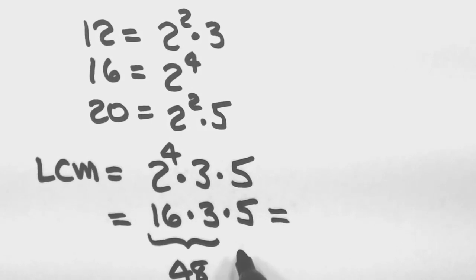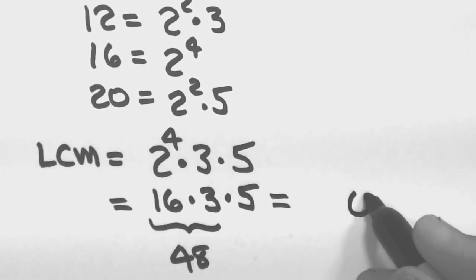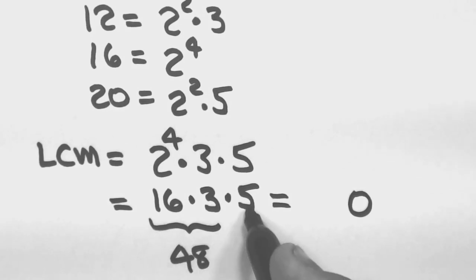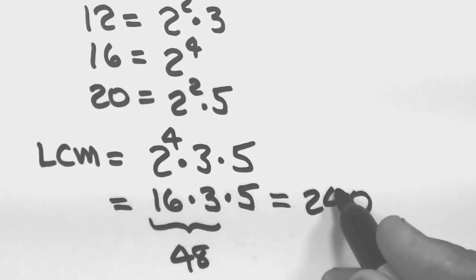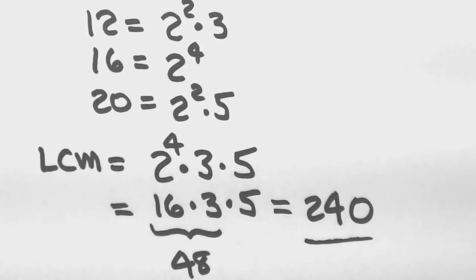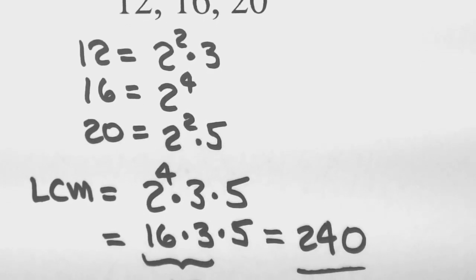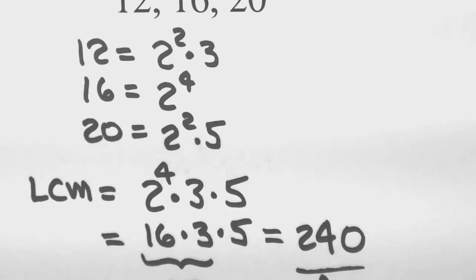So we have to take 48 times 5. Well, 5 times 8 is 40. Carry the 4. 4 times 5 is 20, and 4 makes 24. So here we go. What is the LCM for 12, 16, and 20? The first and lowest common multiple it hits is 240.